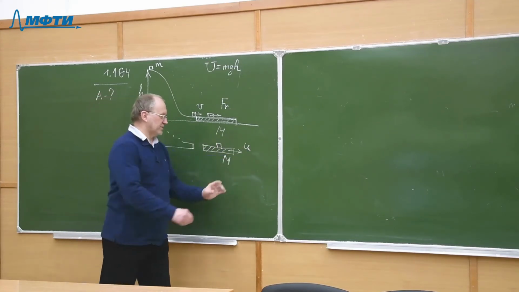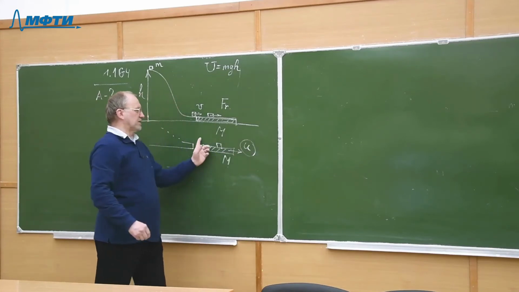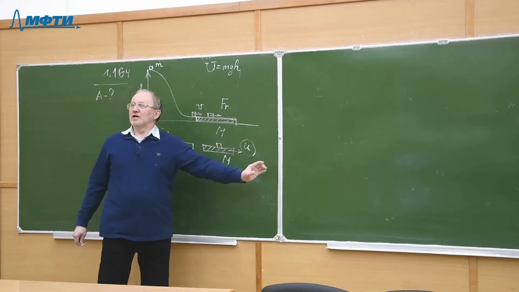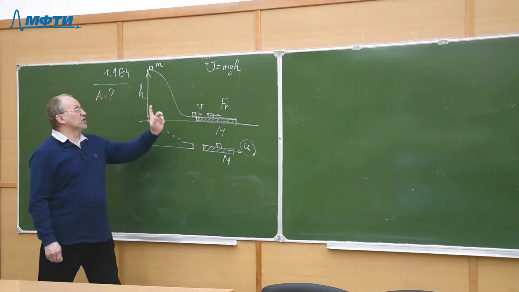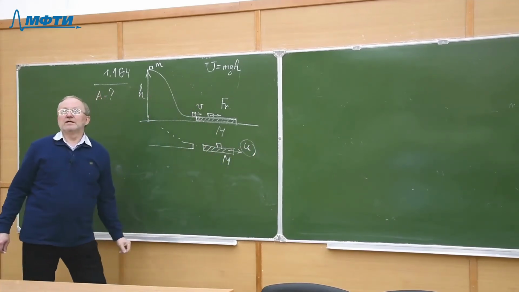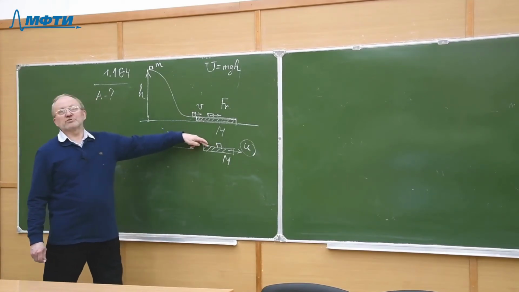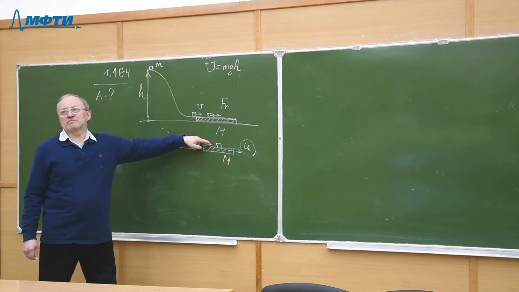Final velocities, there will be some final velocity, so finally the system of bodies will possess some kinetic energy. And also some portion of the initial potential energy will be lost on friction, on work against forces of friction.